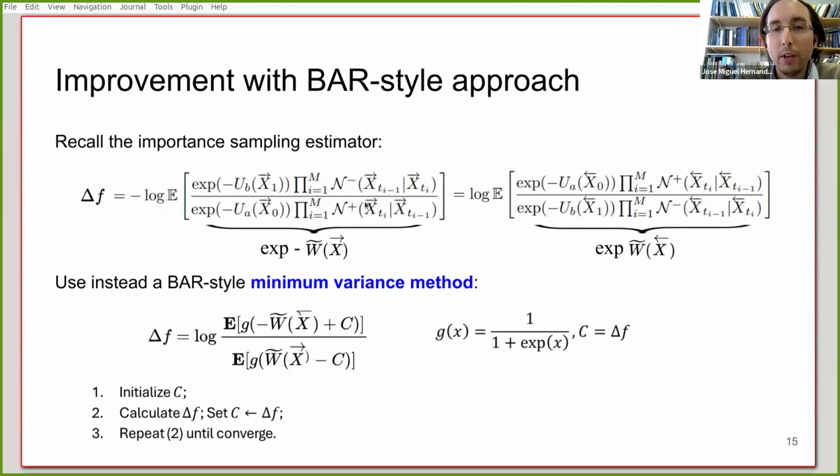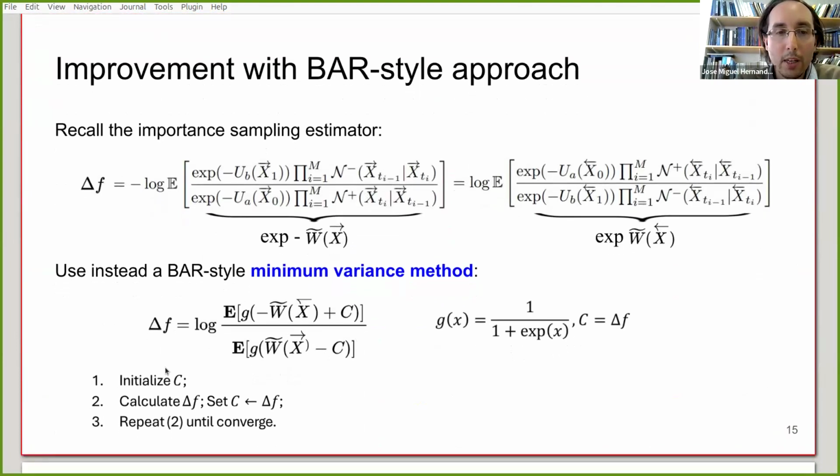And in the same way that we are doing importance sampling in the previous estimator, now you can apply the same BAR-style algorithm, where you start with some initial guess for the free energy difference. And now here you have a similar update rule as the BAR style that we mentioned before, but you operate on this generalized work, I mean, it would be just the log density ratio between the forward and the backward model.